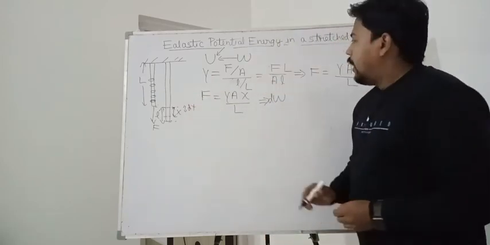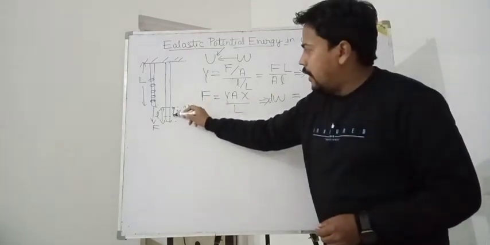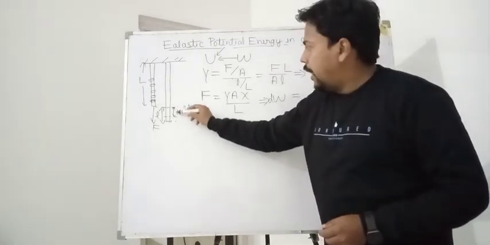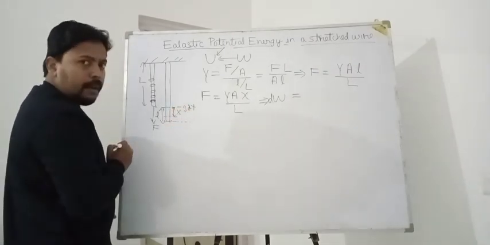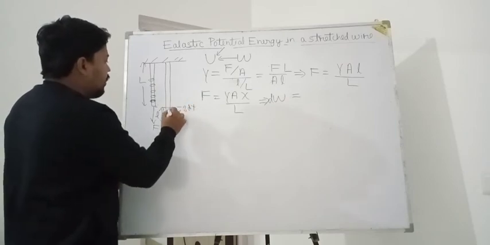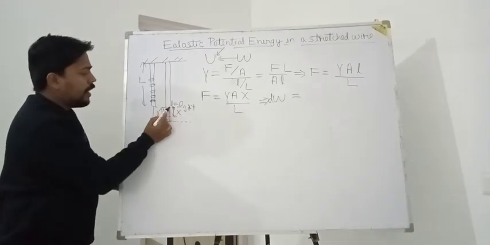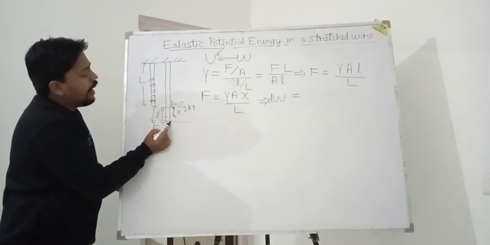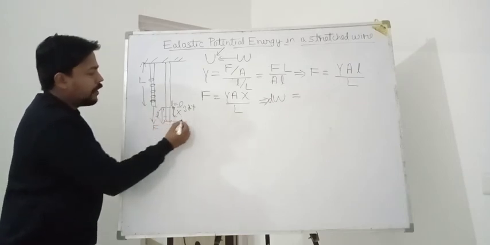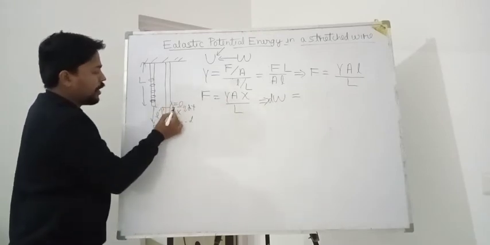For that, this force will be a function of x, because x is the variable length. You can see x is varying. If I consider this to be the reference line and this to be the final line, then at the starting line there is no extension, so x is 0.